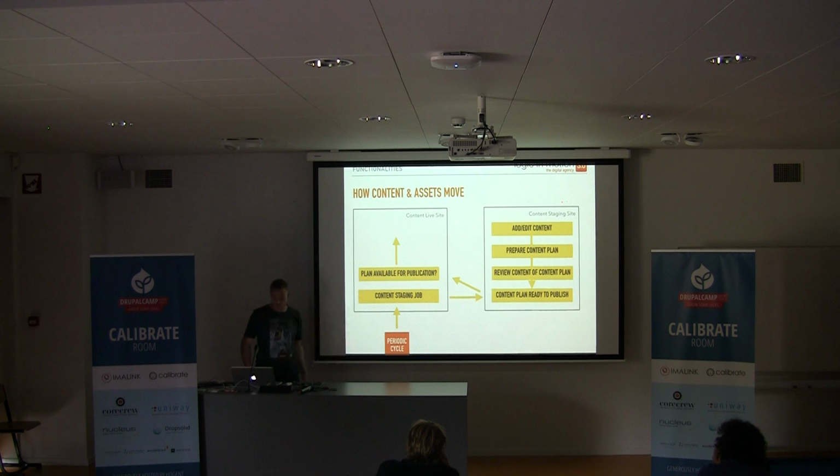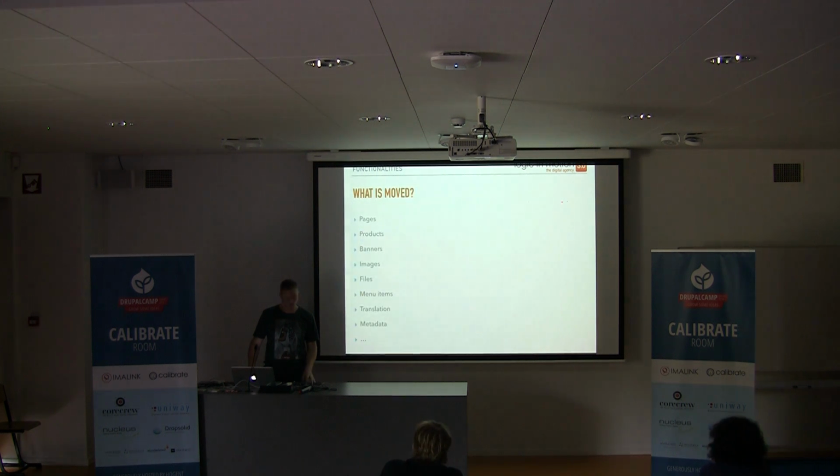So, the plan is available for publication, it's okay, we can start pulling everything. Then automatically your content is published on the live environment. And done. Actually, everything can be moved: pages, products, banners, even menus, taxonomies, whatever is in Drupal can be moved.